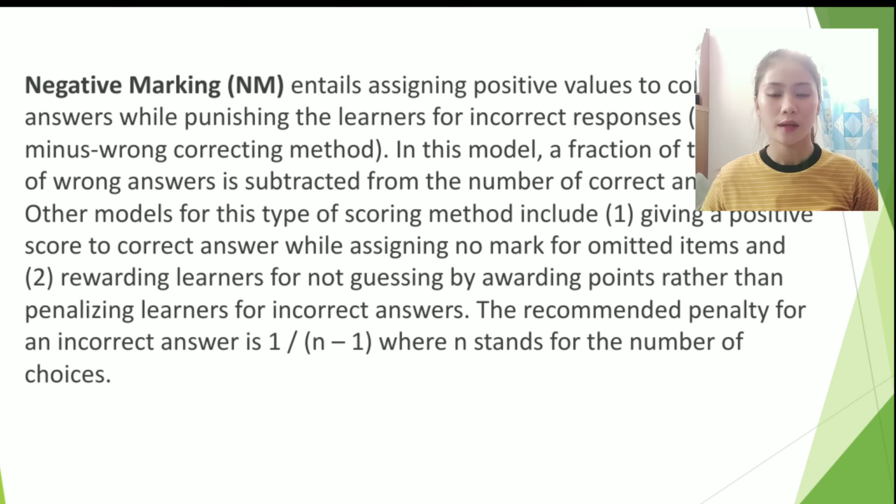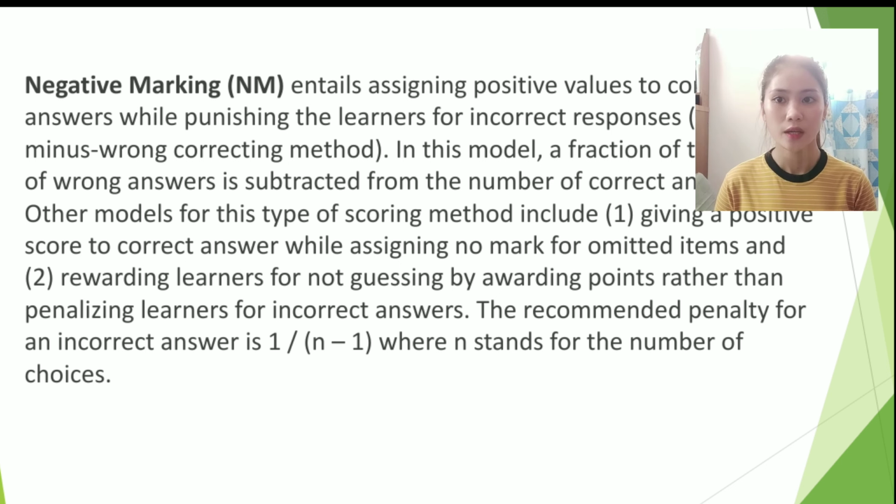Negative marking. Ang tandaan lang natin sa negative marking, gumagamit ng right minus wrong method. For example, learners who choose letter D will be given a score of 1. Those who left the item unanswered will be given 0 points. And those who choose A, B, or C will get a negative score of -0.25.